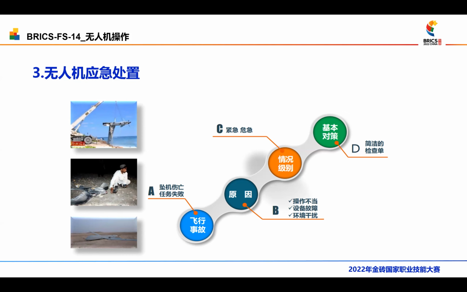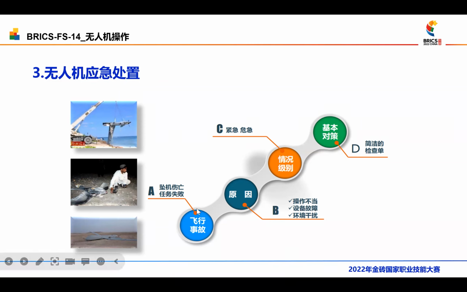In the end, let's get to know the emergency response of drones. Emergency response is in response to different types of emergency or critical situations in the emergency procedures, describing the recommended operations.